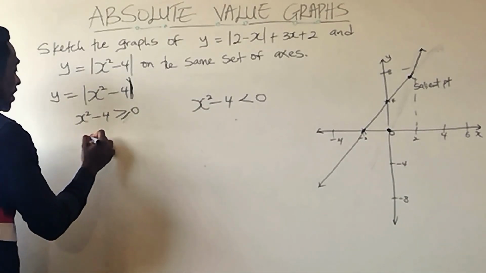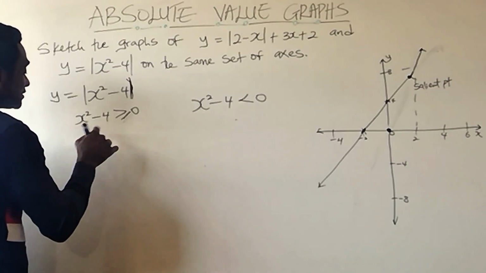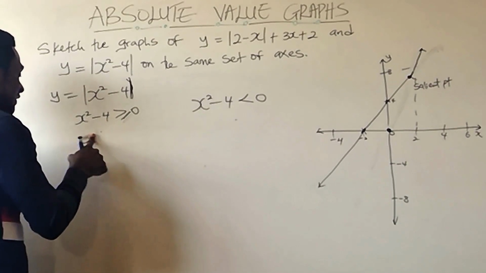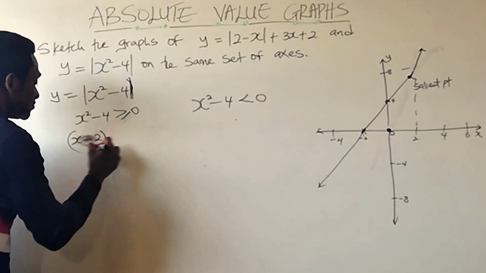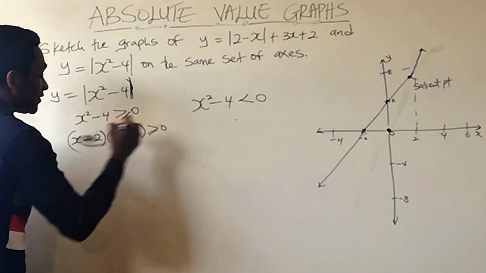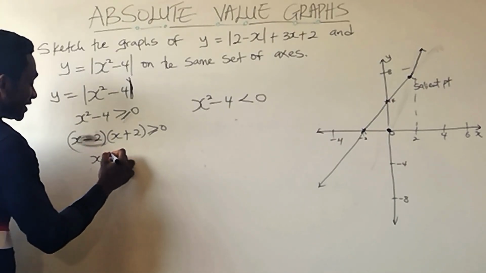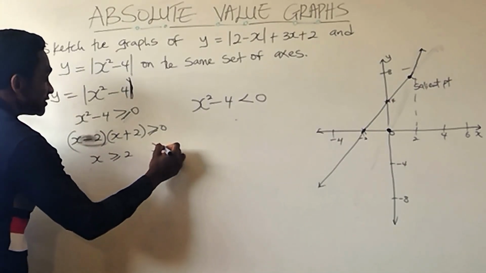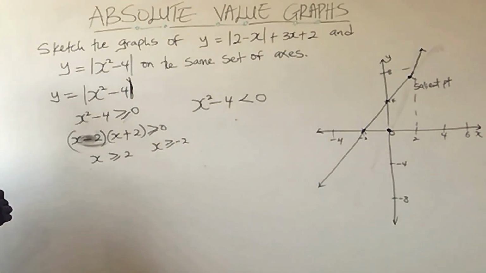Let's factorize. We have x minus 2 and x plus 2 greater than or equal to 0. Using critical values, we will check. x is greater than 2 or x is greater than or equal to negative 2. Let's check for critical values.